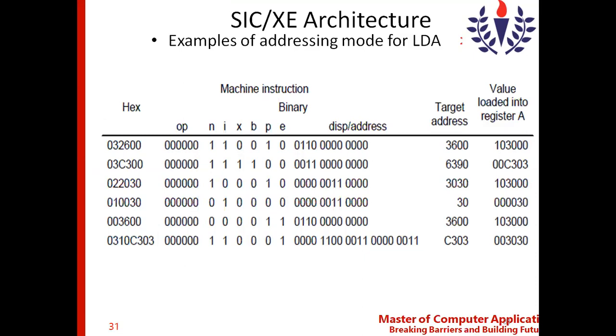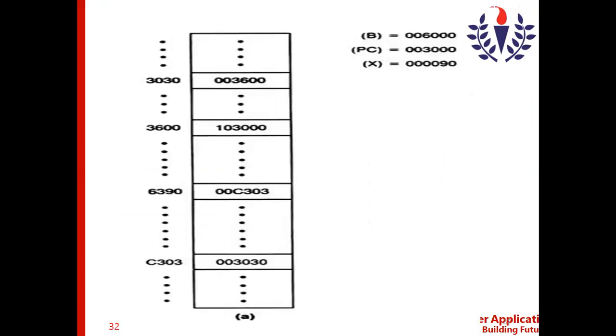And since we need to fetch the value from the target address, what is the value in the address 3600 that we can see in this slide? So this slide shows the memory location. In the address, the contents are stored. If you look at the address 3600, the value is nothing but 103000.